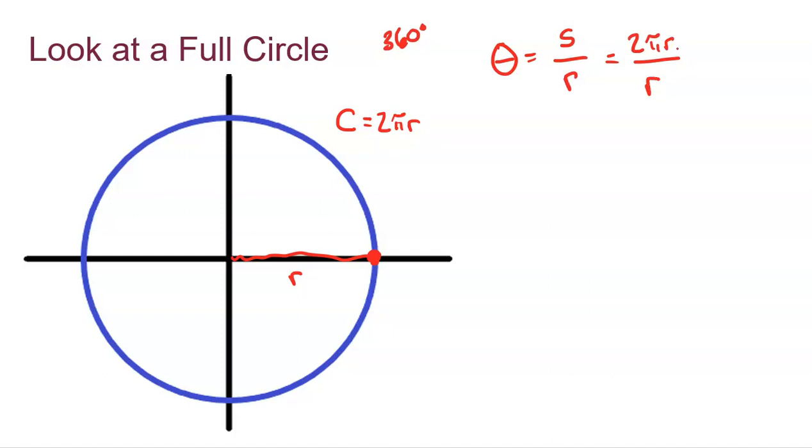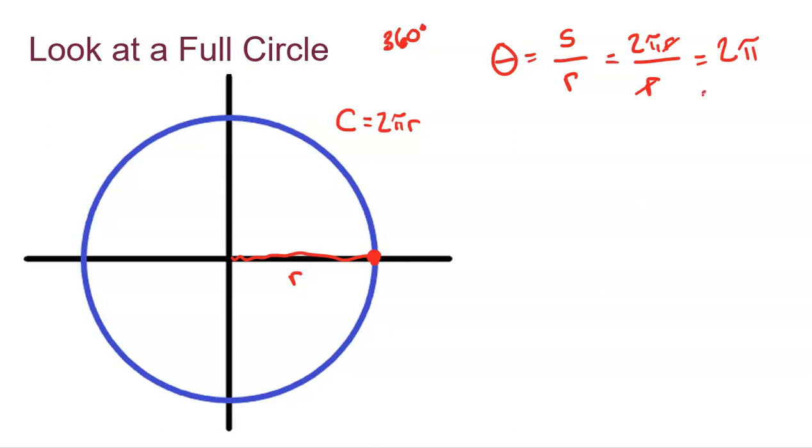But something really cool is going to happen. Those radiuses are going to reduce to 1. Whether they are both 5 or both 16 or both 7 or both 3 or both 0.9, they're going to reduce to a 1. And I get, no matter the radius of a circle, there are 2 pi radians in a full circle. So just like there's 360 degrees in every circle, regardless of its size, there's 2 pi radians in every circle.